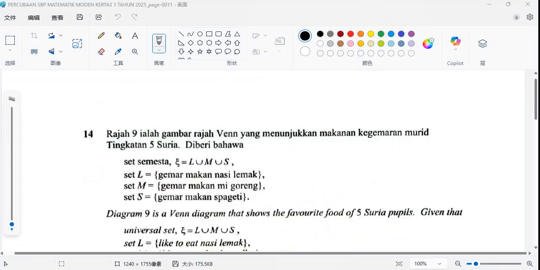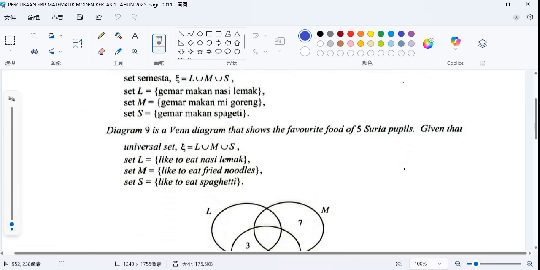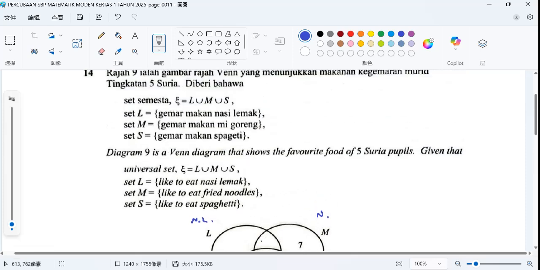Question 14. Diagram 9 is a Venn diagram showing the favorite food of 50 people. Given that the universal set is the union of these three sets. So this is nasi lemak, and then noodles, and spaghetti.